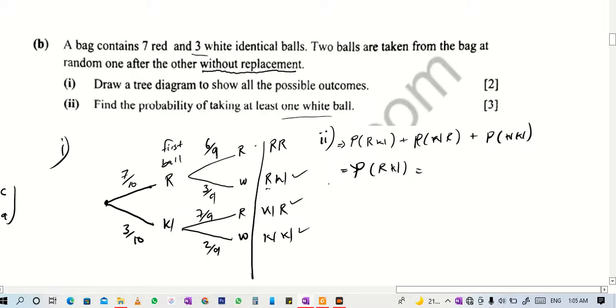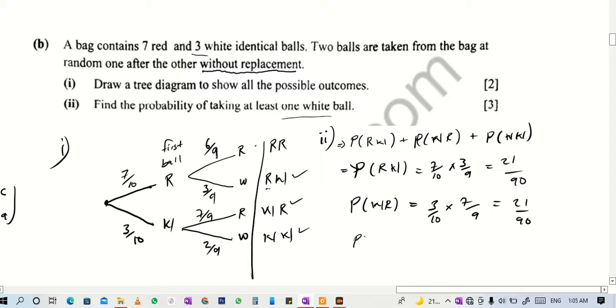The probability of getting red, white: we are multiplying 7 over 10 by 3 over 9, which gives us 21 over 90. The probability of getting white, red would be 3 over 10 by 7 over 9, which gives us again 21 over 90.